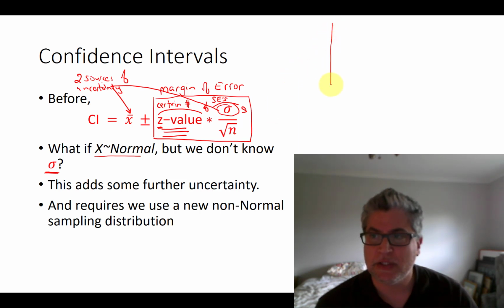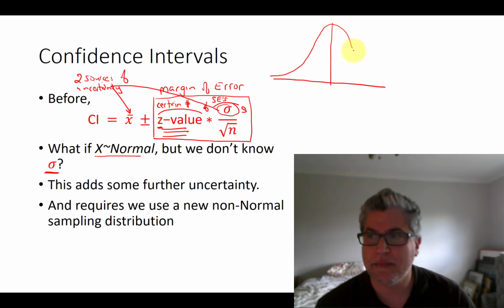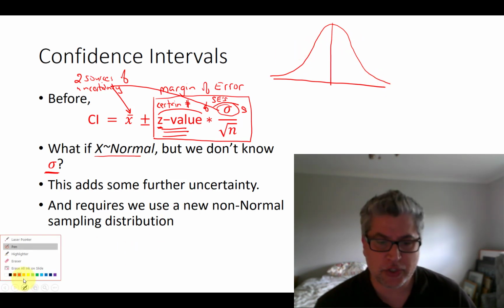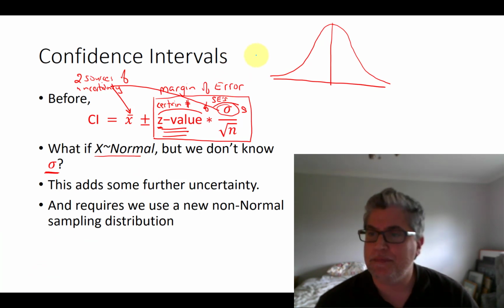So if you think about your standard normal, it looks like that. But we want to somehow show that we have a little bit more uncertainty. So what we need is more probability in the tails, because it could be way to the left or way to the right.